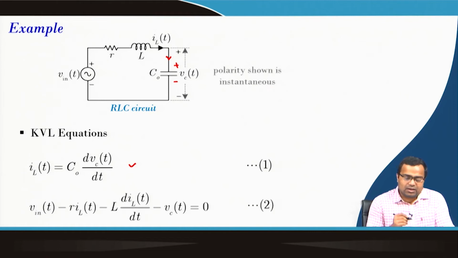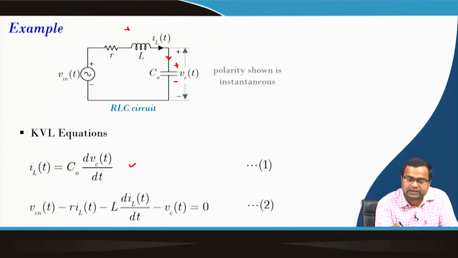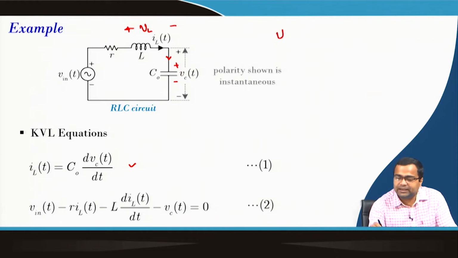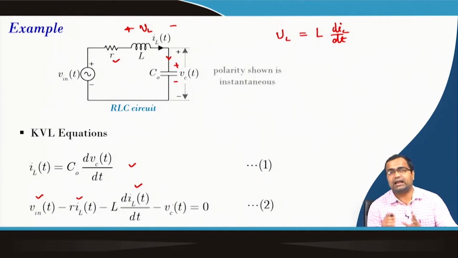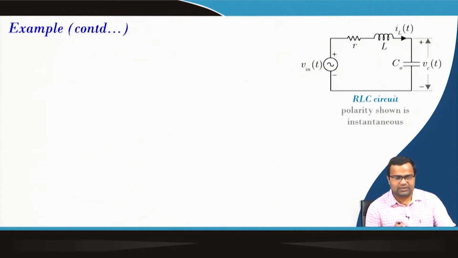Similarly, what is the inductor current dynamics? If we take the voltage across the inductor, this is my VL. What is VL? VL is nothing but L dIL/dt. And if we write the KVL, the full equation: V in, then the drop across this resistance R into IL, then L dIL/dt is the VL, that is the drop, and minus Vc, which is the capacitor voltage, and we can add up to 0, the whole.